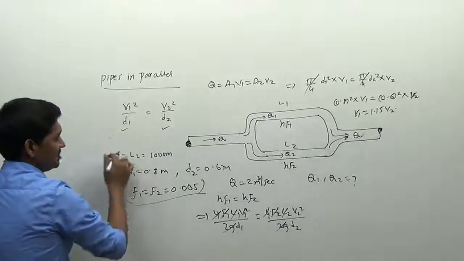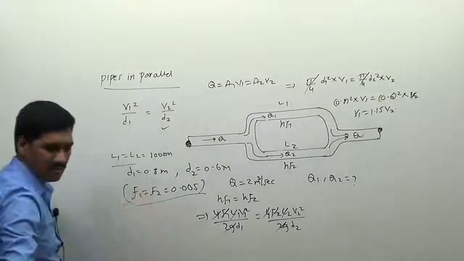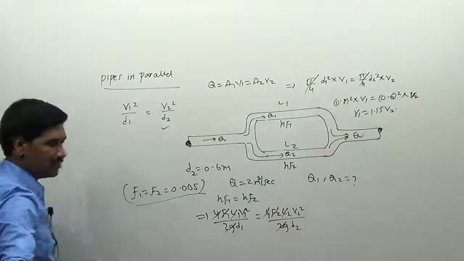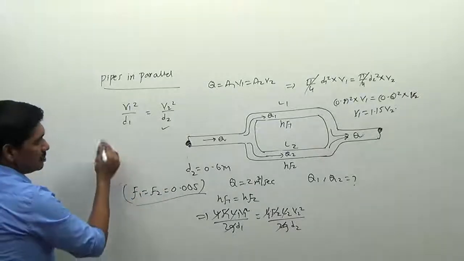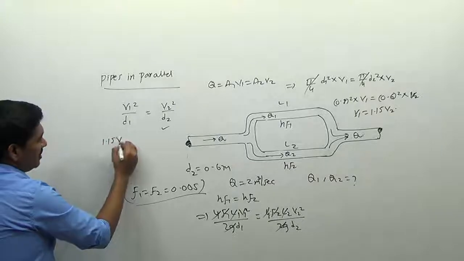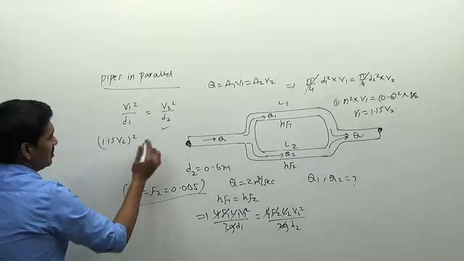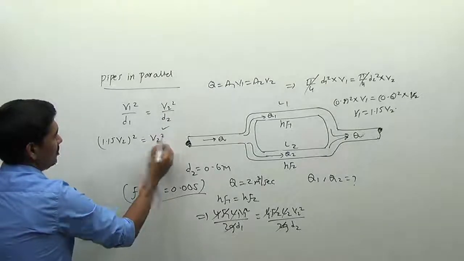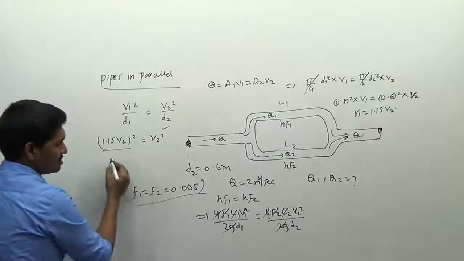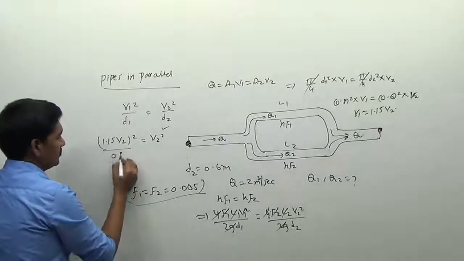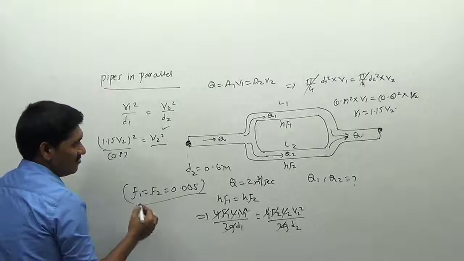So I am doing this: V1, which is 1.15 V2, whole square, is equal to V2 square divided by D1, which is 0.8, divided by D2, how much?